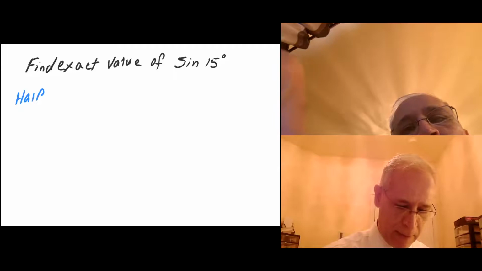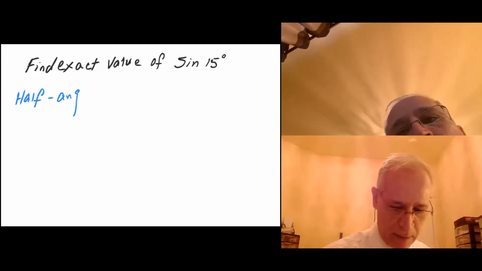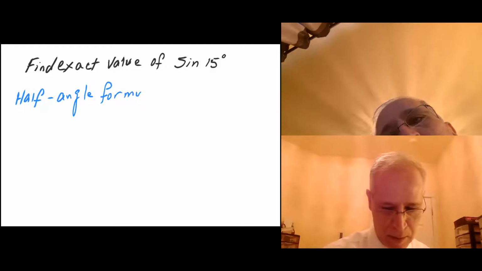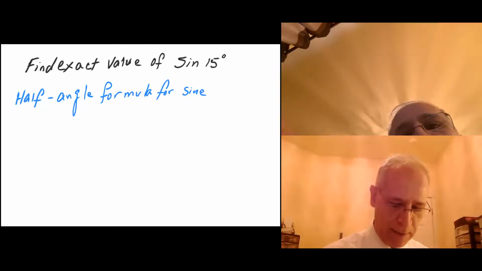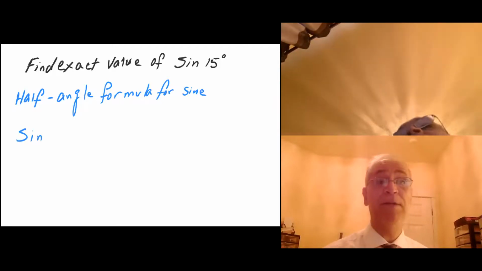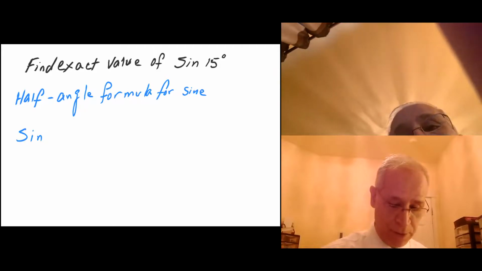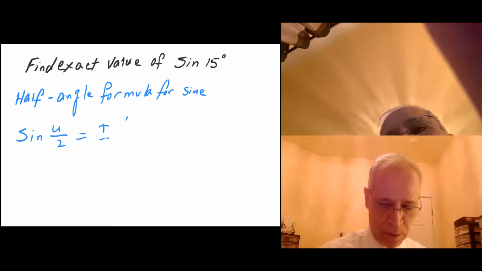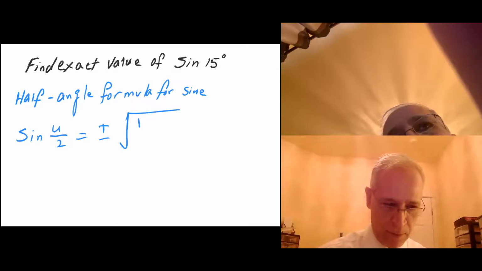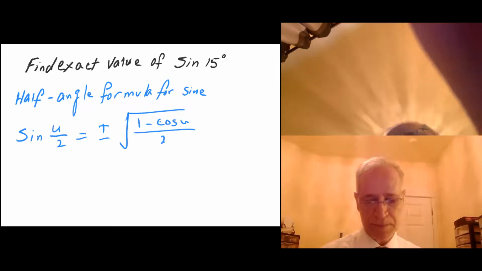Half angle formula for sine. And in your textbook, we are using the letter U: sine of U over 2 equals plus and minus square root of (1 minus cosine of U) over 2.